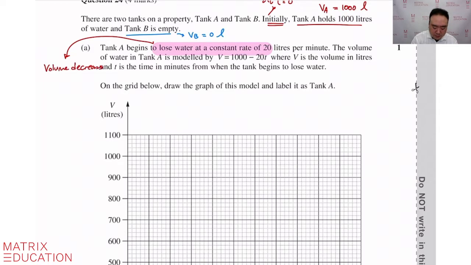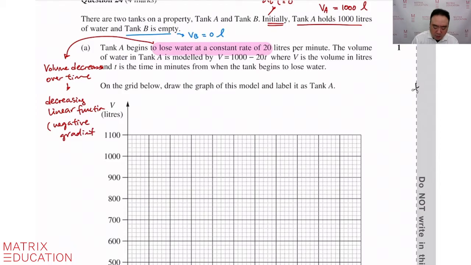Now, this means we are going to get a straight line or a linear graph, because it said constant rate. So decreasing, linear function, or what we can say is it has a negative gradient.